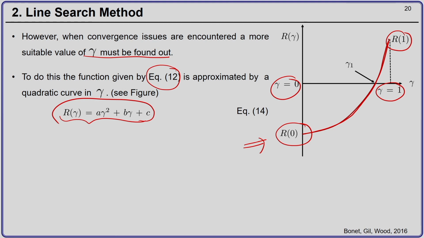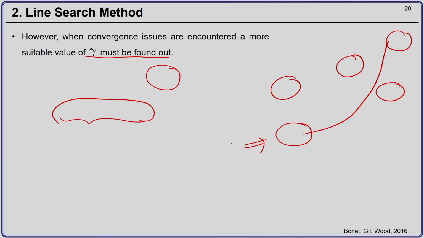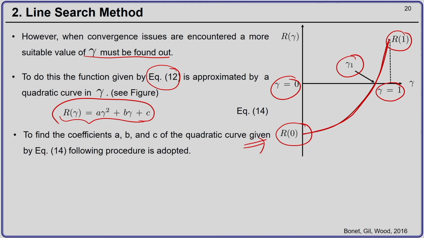So, we would like to find that value of gamma equal to gamma 1, where our condition given by equation 13 will be satisfied. What will be that value of gamma? Let us find out. To find that value of gamma, first we need to determine the coefficients A, B and C. Once we have determined A, B, C, finding gamma corresponds to finding the root of this equation.